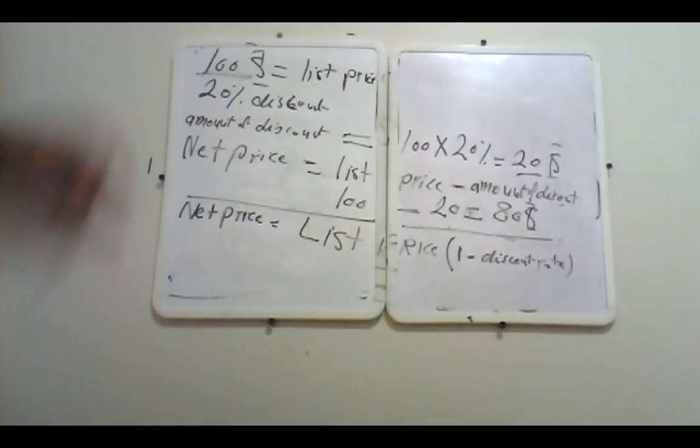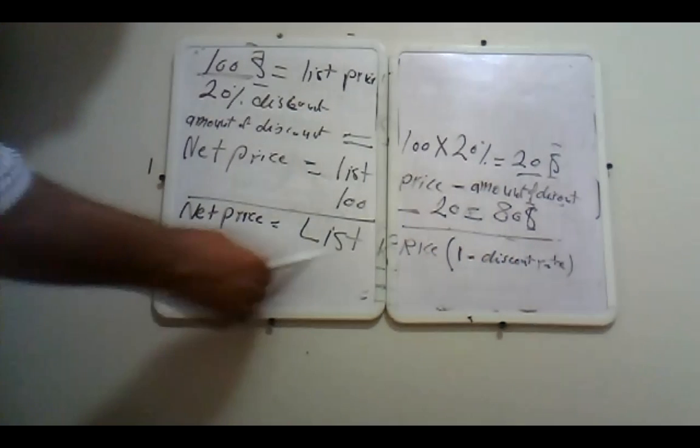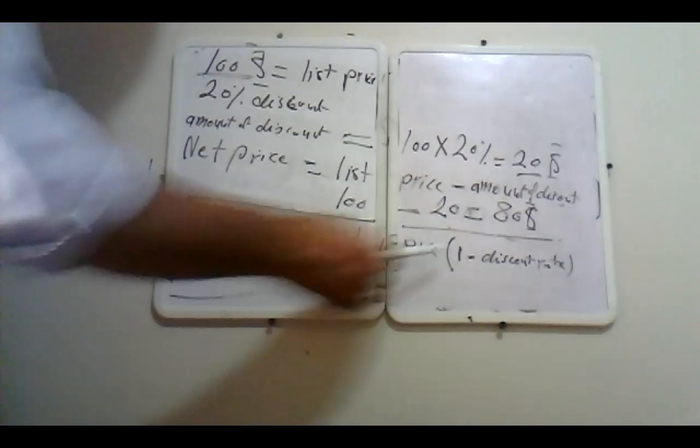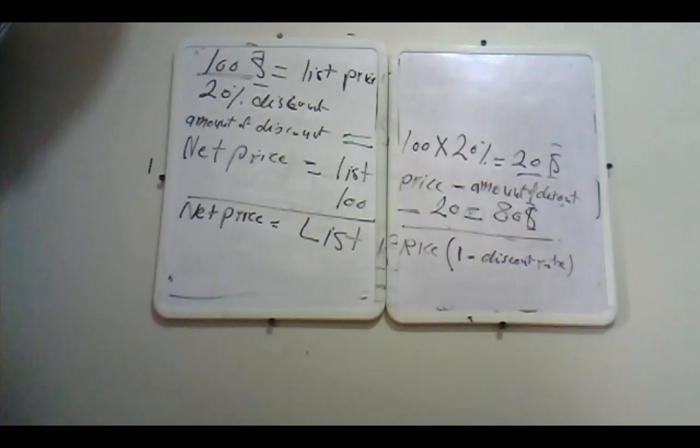You will say, oh, how come this? You said the net price will be the list price multiplied by 1 minus the discount rate. It's all in one step.